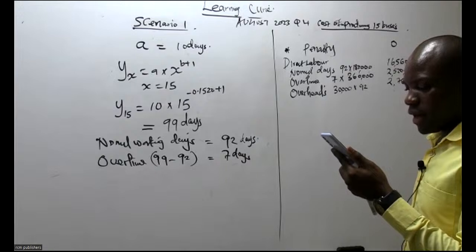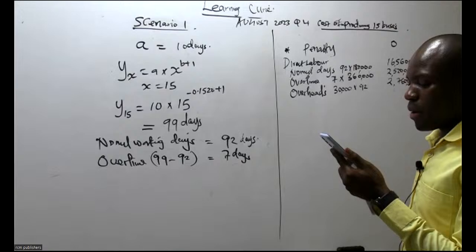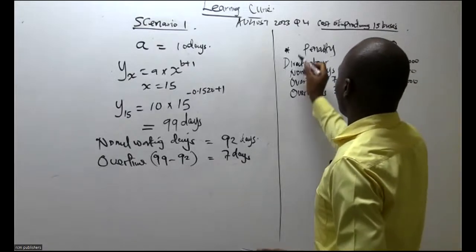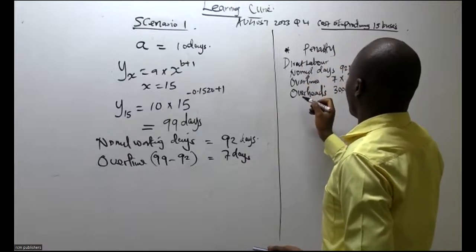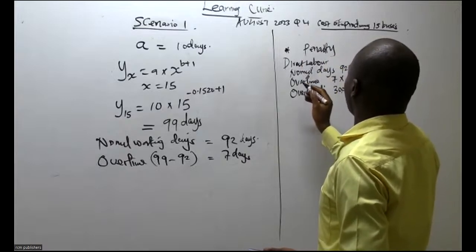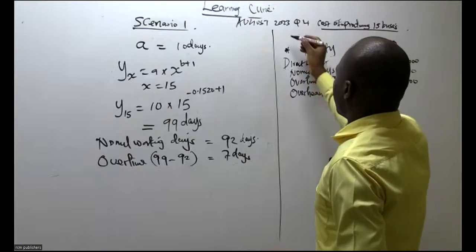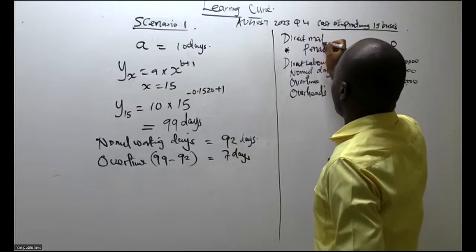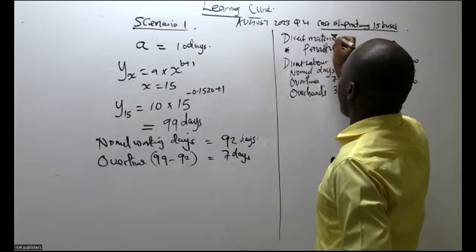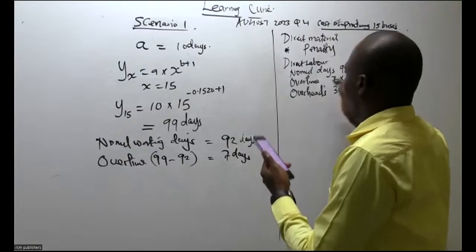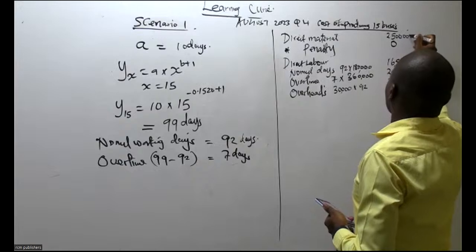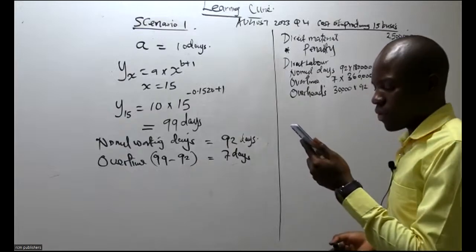Having done that, number 6: the management accountant estimates direct material cost per bus at 2.5 million. So we have direct material. You can put it anywhere, even if it is up there or down here, you'll still have your answer. 2,500,000.